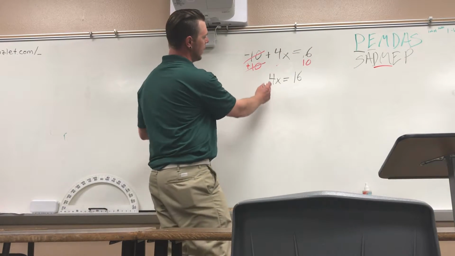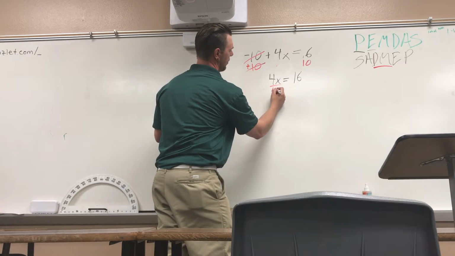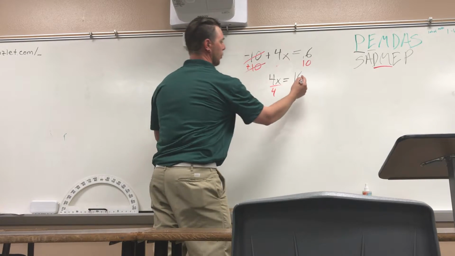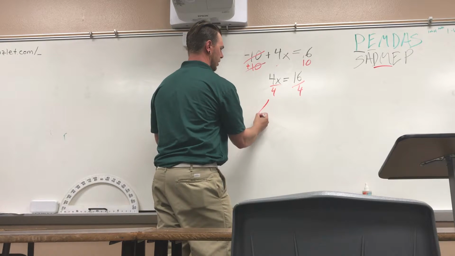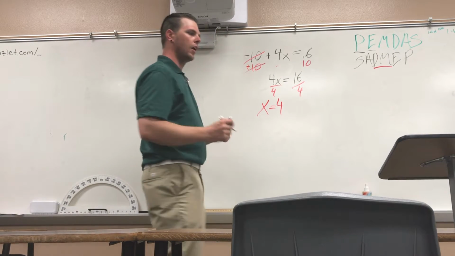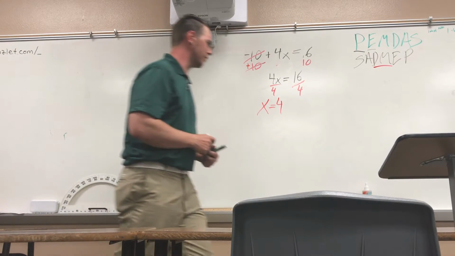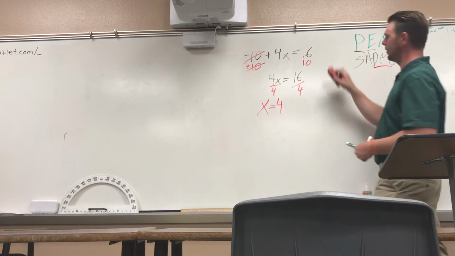So we are going to divide by 4 to get that x by itself. So when we divide the 4 over here, we're going to have to divide the 4 over here. And that's going to give us our answer, x equals 4. All right? We'll do another one since I kind of goofed on that one. But at least, hopefully you guys got the idea.